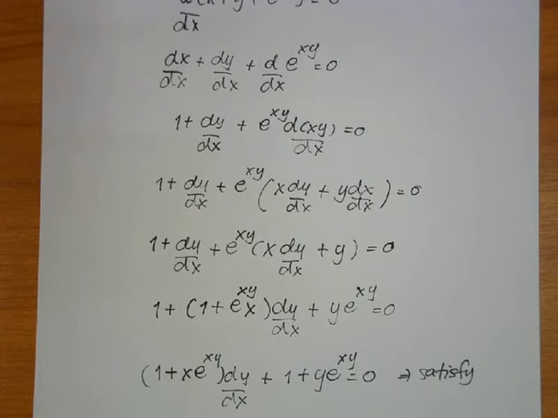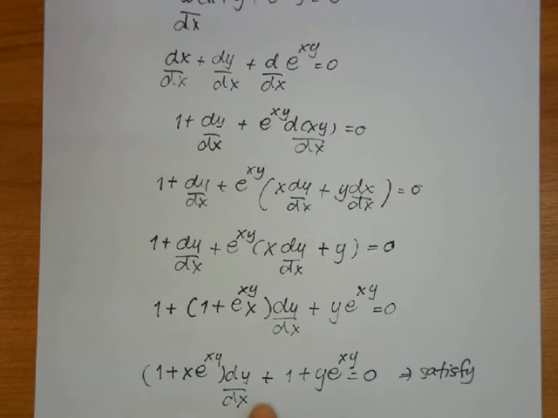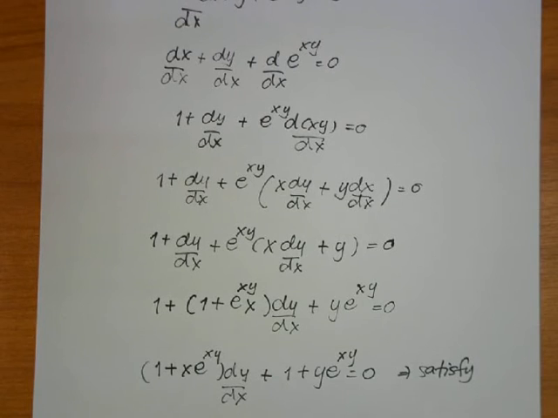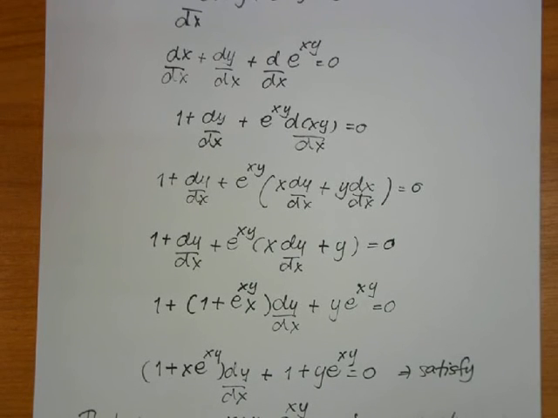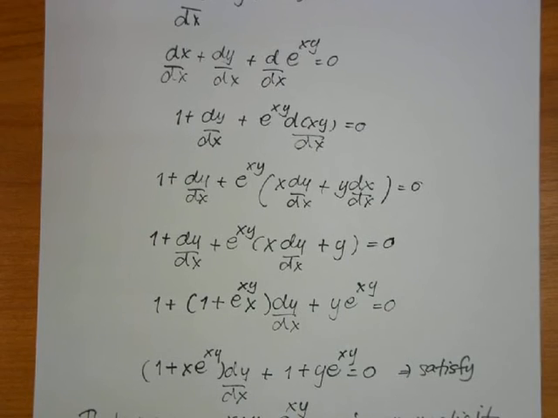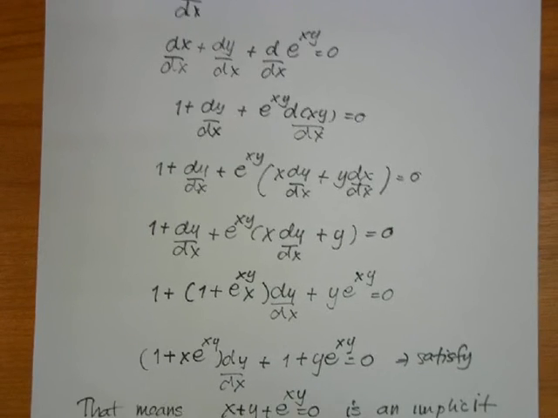After you make a differential of the answer, the implicit solution, you get your differential equation, right? So that means x plus y plus exponential xy equal to 0 is an implicit solution of the differential equation.